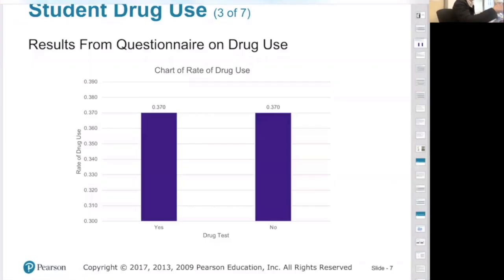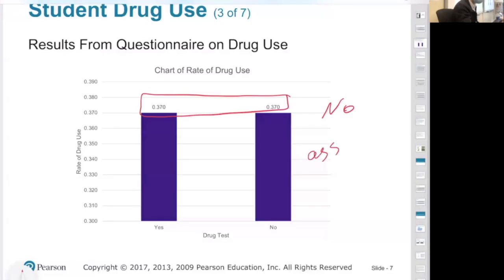But if you have different percentages, that means we have an association between them. Because these two percentages are equal or close to each other, that means no association between the drug test and the drug use.